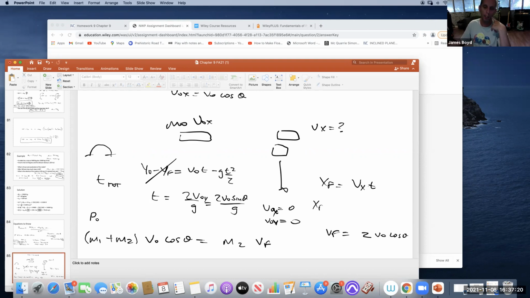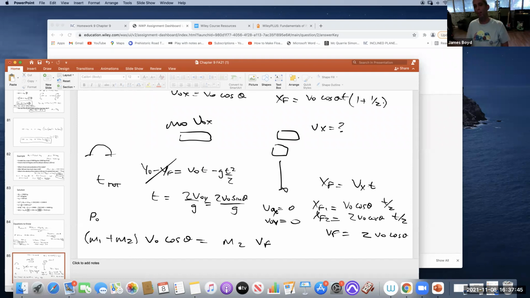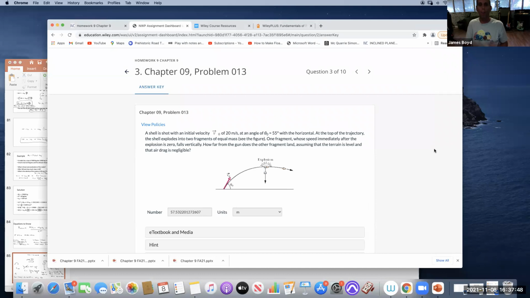So x final 1 is v naught cos theta times t over 2. And x final 2 is 2 v naught cos theta times t over 2. So basically, x final is v naught cos theta times t times (1 plus 1/2), or 3/2. If you didn't follow all that, go through it slowly, go back to projectile motion.